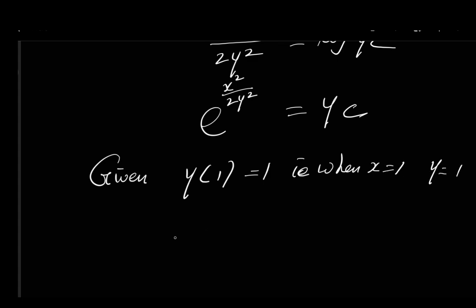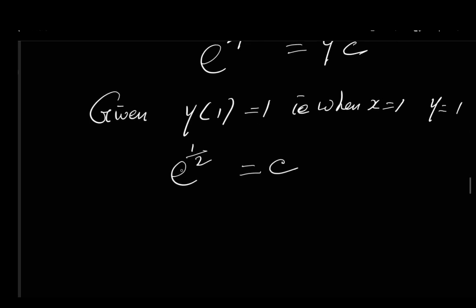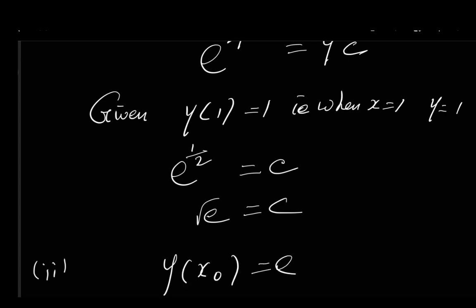So e power, replace x as 1, y as 1. So you will get e power 1 by 2 is equal to c. What do you mean by this? 1 by 2 means root e. C value is root e. First condition is over. See the second condition they given as y of x naught is equal to e.